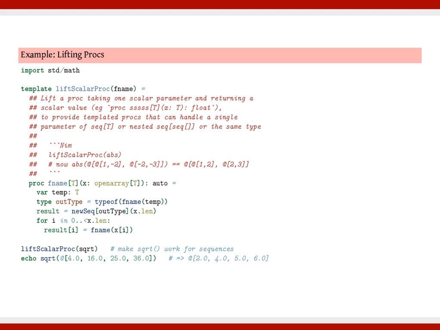For i in 0..<x.len: result[i] = fname(x[i]). liftScalarProc(sqrt) # make sqrt work for sequences. Echo sqrt(@[4.0, 16.0, 25.0, 36.0]) # outputs @[2.0, 4.0, 5.0, 6.0].